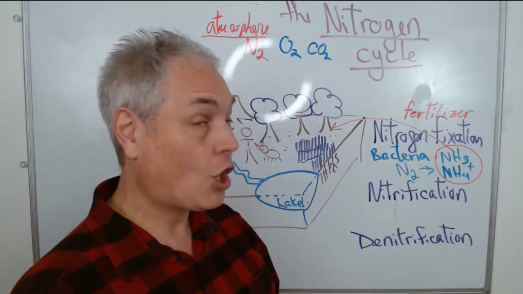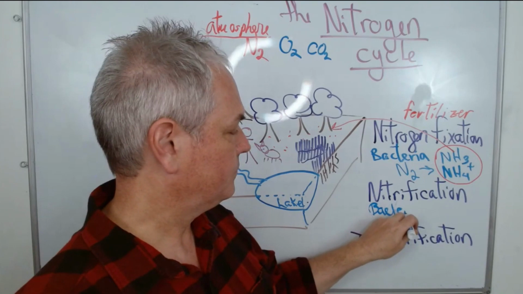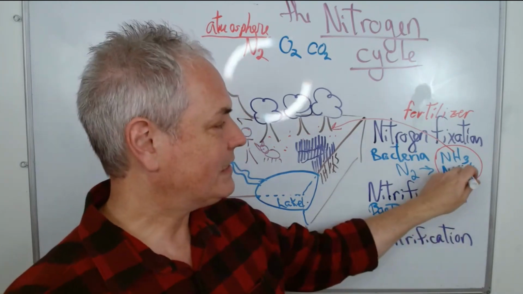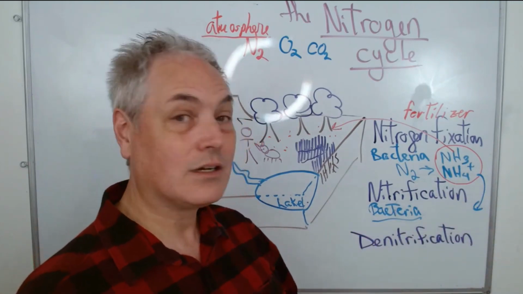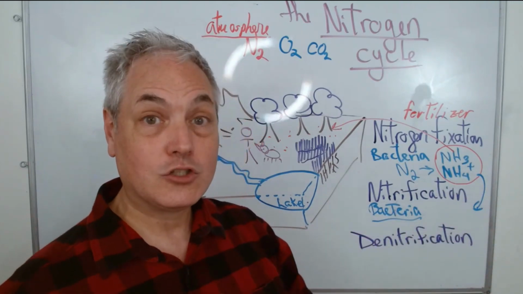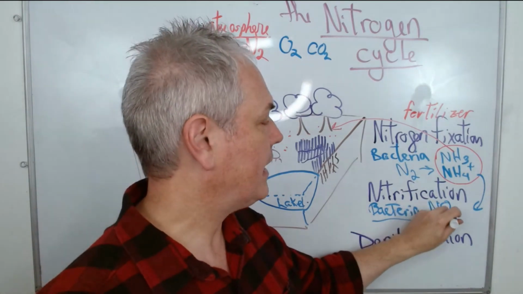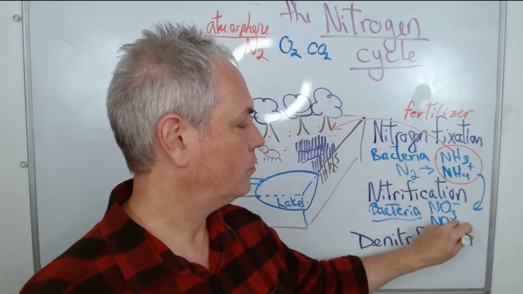And the next process also needs the help of bacteria. And those bacteria, what they do, they take these and they create new molecules. And now here they use oxygen in their structure. So we have here NO3 and NO2.